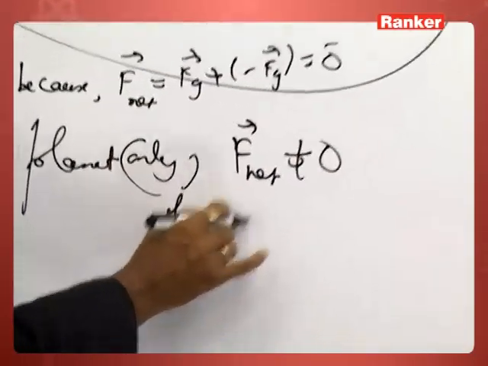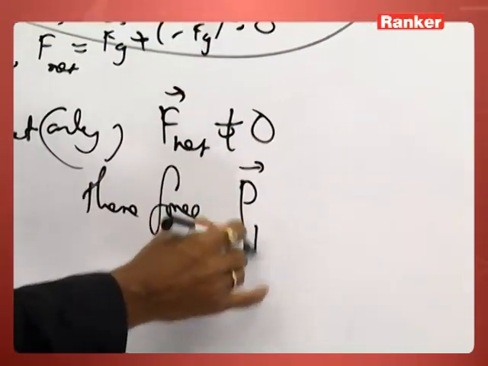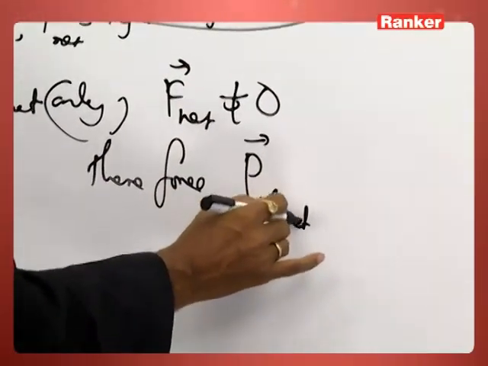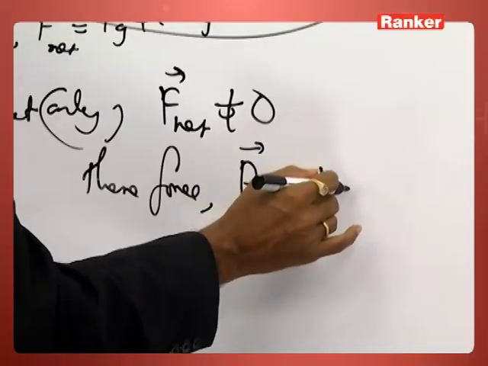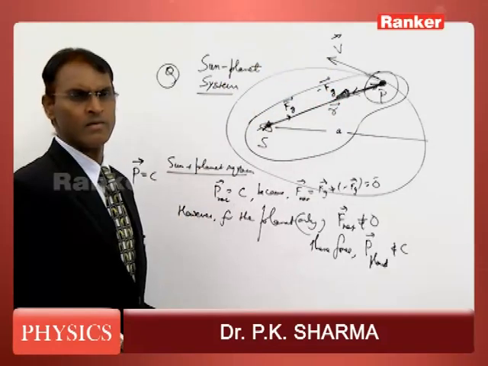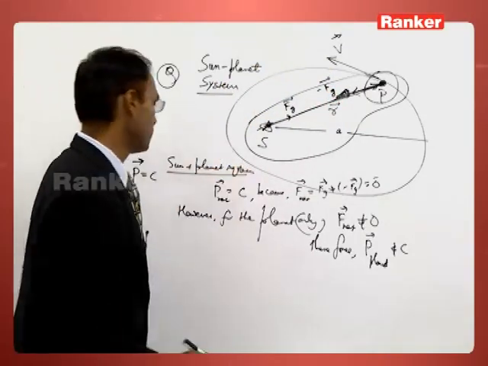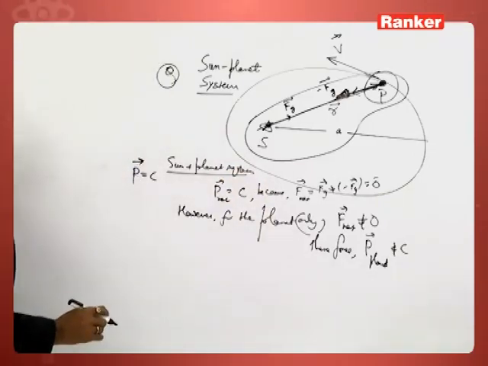Therefore, the momentum of the planet is not constant. It keeps on changing its velocity, both direction and magnitude, from time to time.